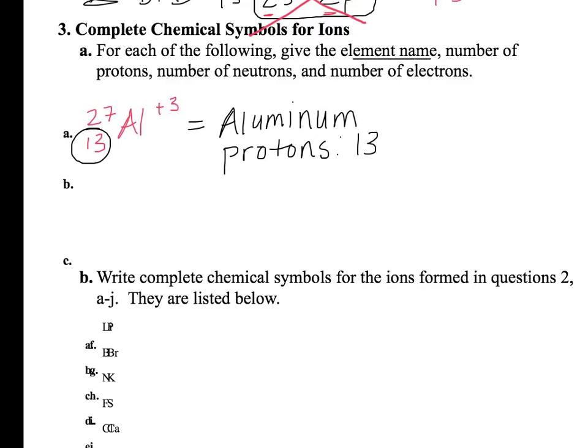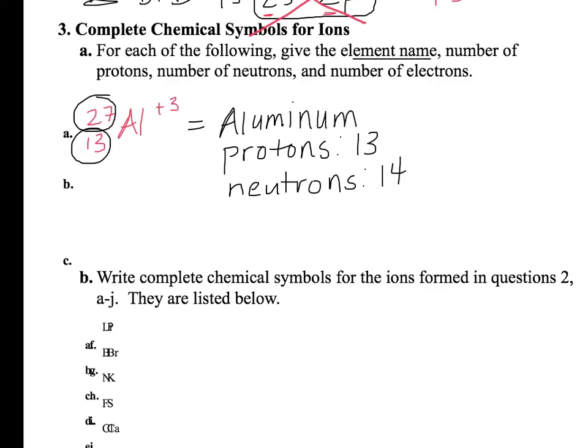The number of neutrons is the atomic mass, which is up here, minus the atomic number, so minus 13. So 27 minus 13 tells us how many neutrons are left over, because it's the neutrons and the protons that give us the mass. So the neutrons are 14, because 13 plus 14 is 27.